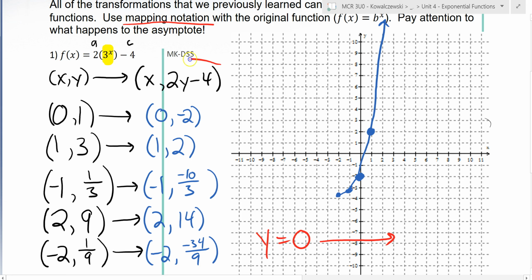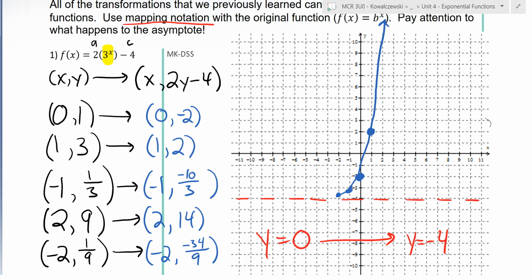Now take a look at our mapping notation. What is happening to the y values? They are doubling and then subtracting 4. All right, so what happens when we double 0? 0 minus 4 is, we should have an asymptote at y equals negative 4. So in order to properly draw these exponential functions, we have to know where the asymptote is. It is like so.